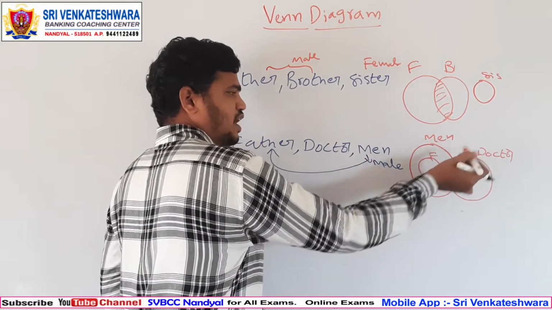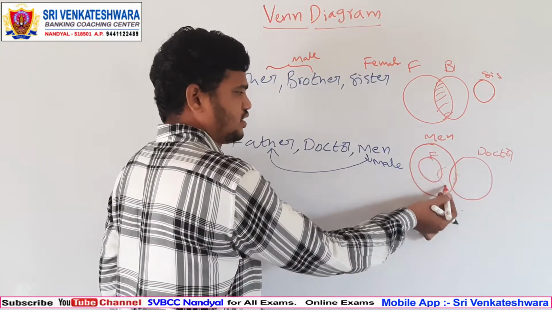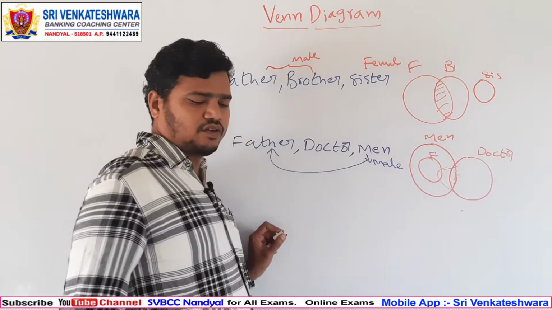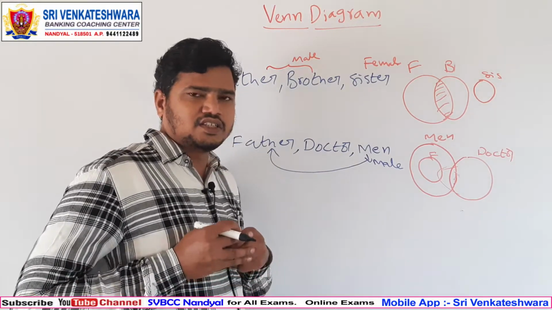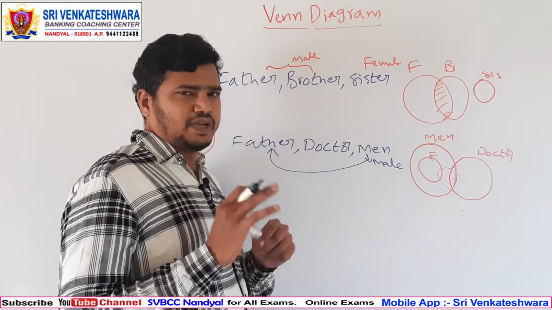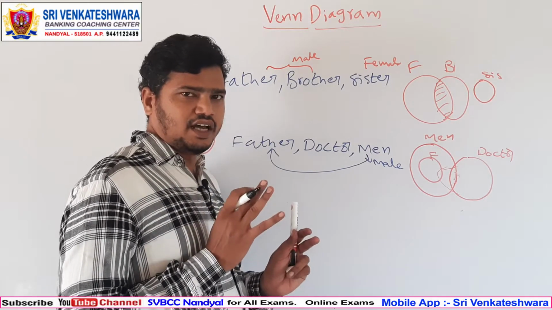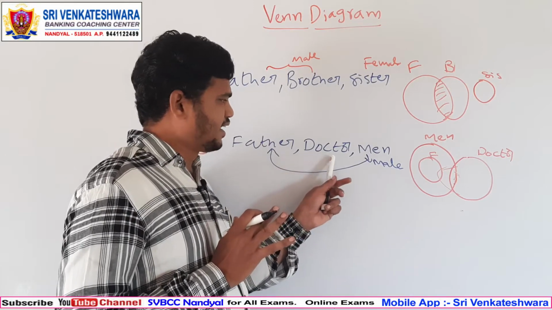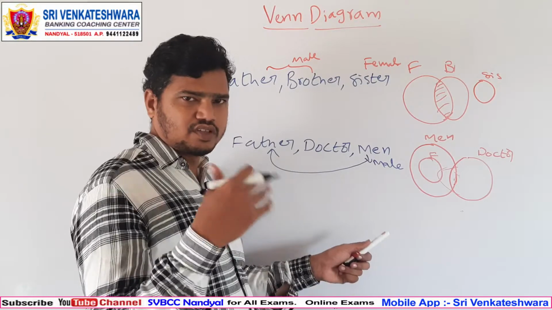Some men should be doctors, some fathers should be doctors. This is the representation, based upon the category, of how you can represent the given items or things in the form of the Venn diagram, nothing but in the form of circles.